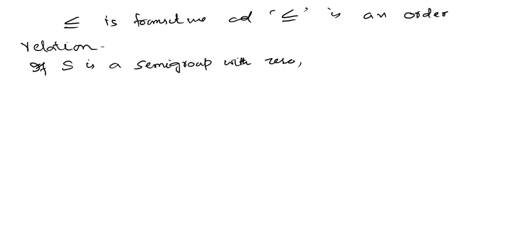By defining properties, 0 into 0 is equal to 0, 0 into any element is equal to 0.